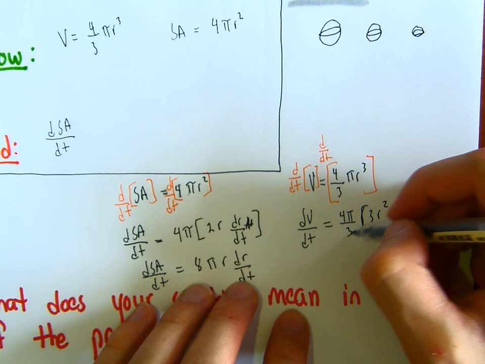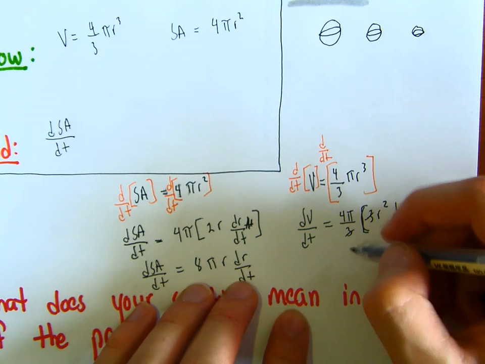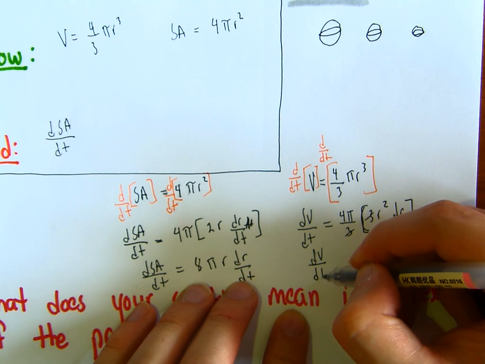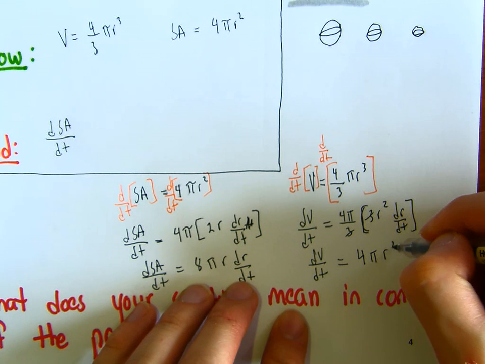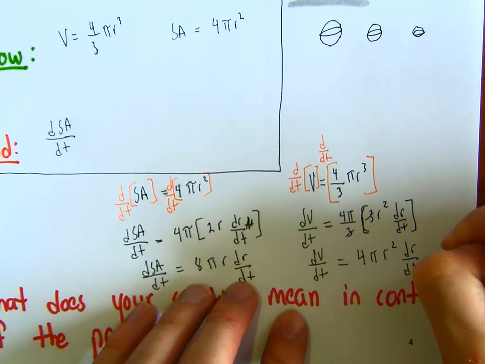But then what happens with these two 3's? They cancel. So we have d capital V dt is equal to 4 pi r squared dr dt.